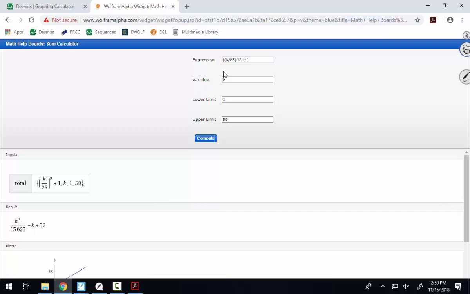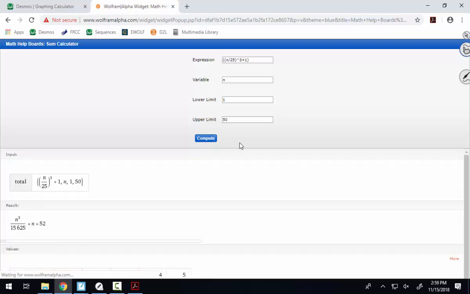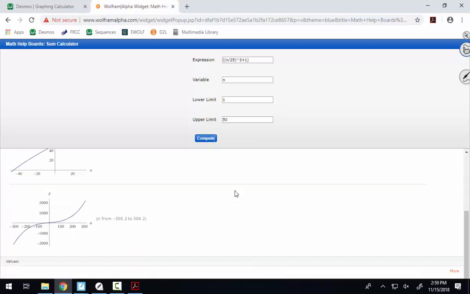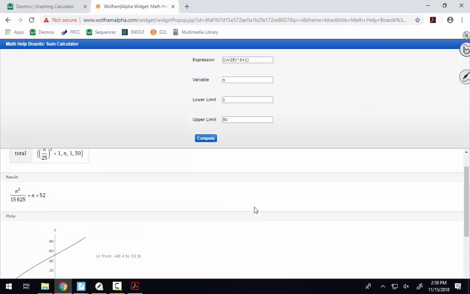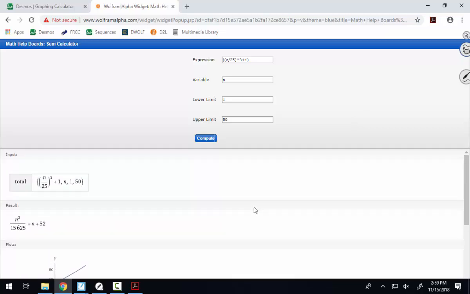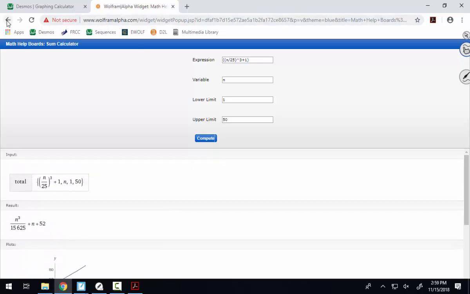Okay, maybe keep it as n. Maybe it doesn't like k. I'm not sure. It was working earlier. Is the lower limit 1 or is it 0? 1. Okay, so we go from 1 to 50. It was totally working just a minute ago.